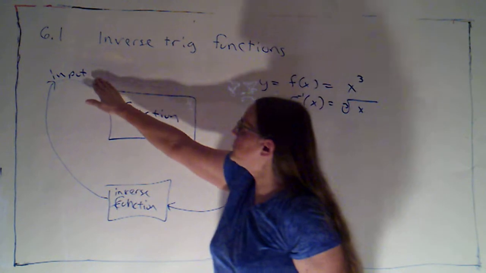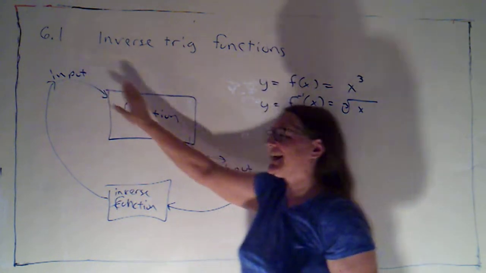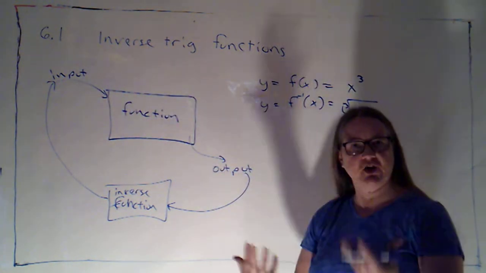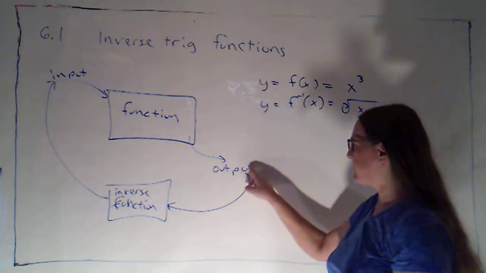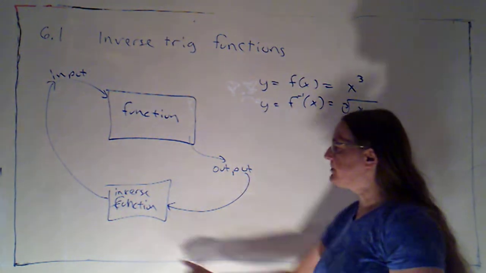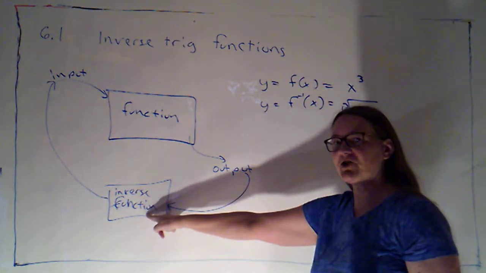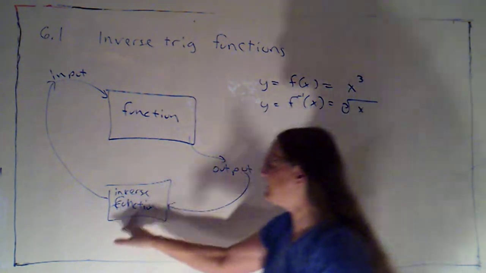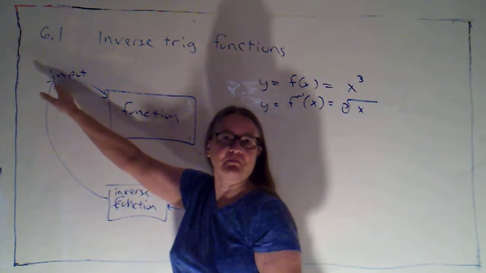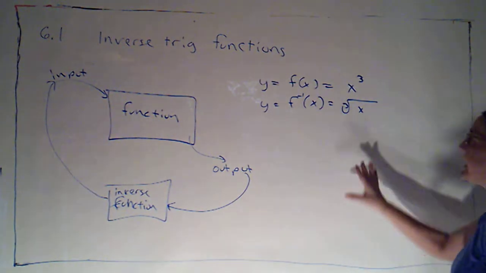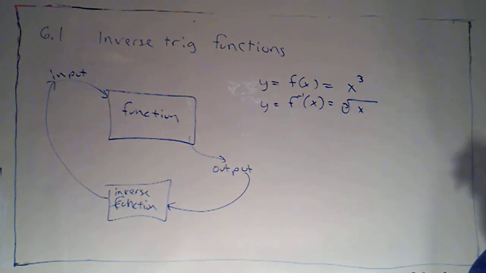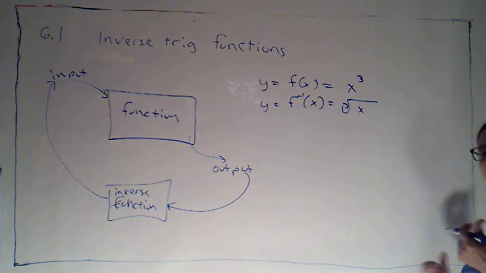So if my original input was 2, and I plugged that into the cubing function, I would cube it, I would get out 8. That would be my output. If I plug 8 into the cube root function, it uncubes it, it gives me back 2. Okay. So that's a really nice property of inverse functions, that they undo each other.